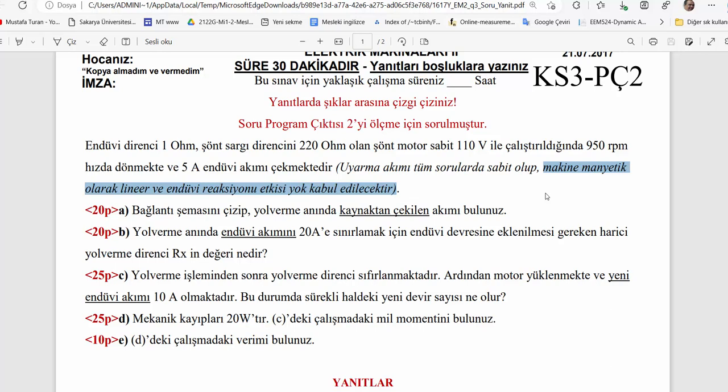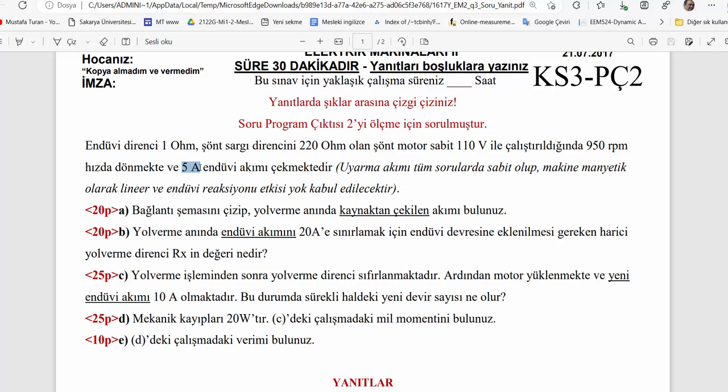Those are the assumptions. While the machine is operating, its temperature rises and resistance values get higher, so currents will drop a little bit, especially field current.